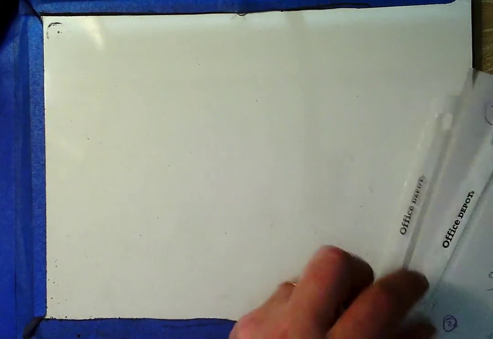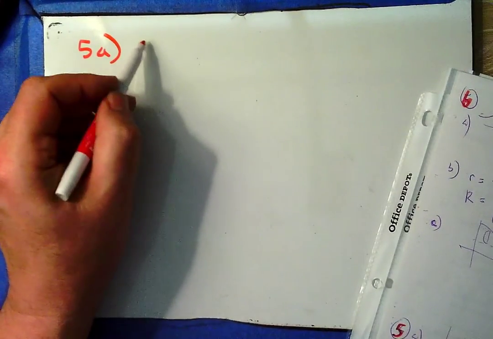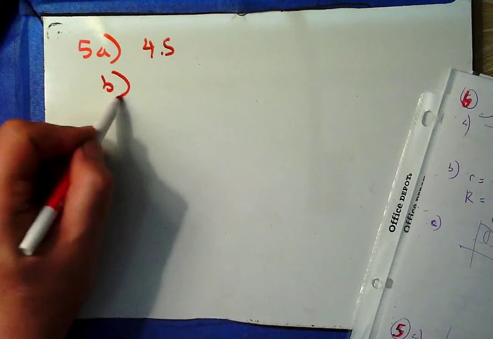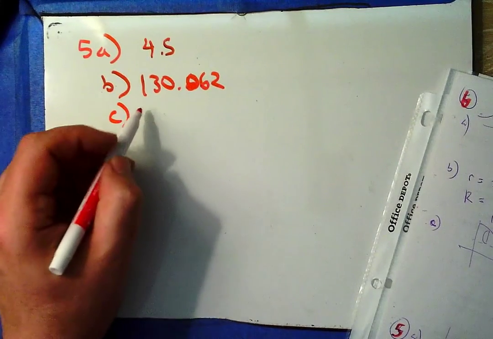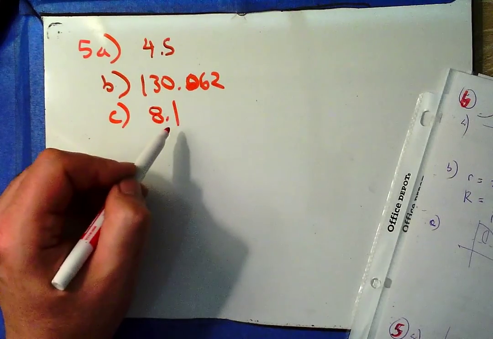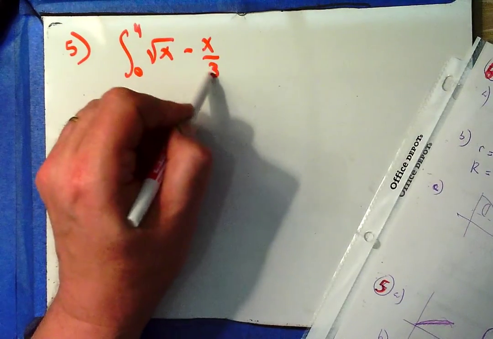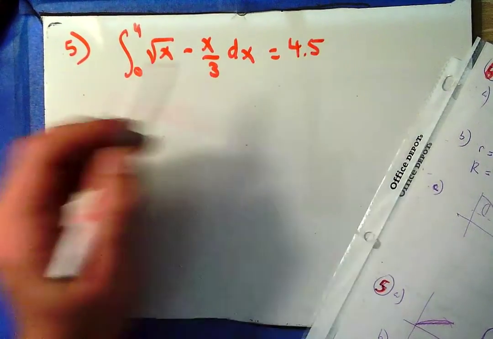Okay, let's take a quick look at those earlier questions just to make sure that my answers were spot on. So I believe what I noticed was that the answers I gave to problems 5 and 6 were switched. The answer to 5a should be 4.5. The answer to 5b should be 130.062. And the answer to 5c should be 8.1. I think I'm going to take the time to say 5 was the integral 0 to 4 of square root of x minus x over 3 dx, and that's what I got 4.5 for.